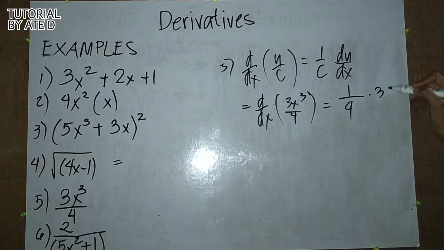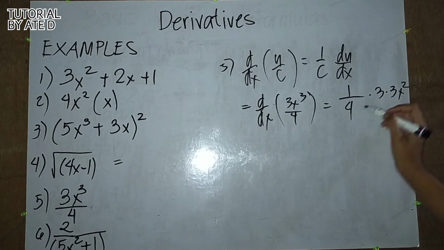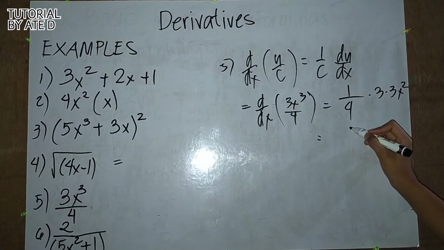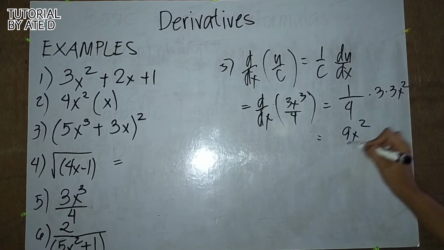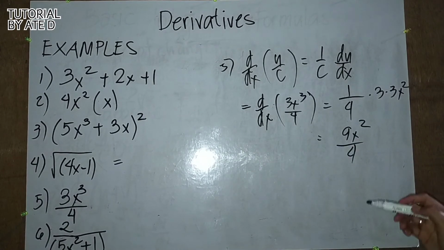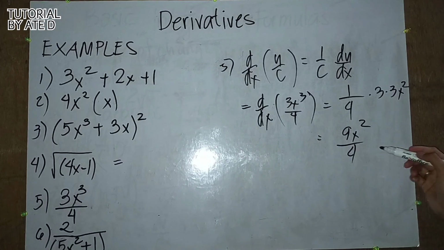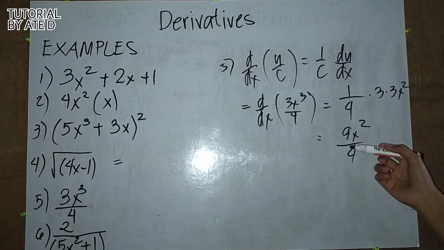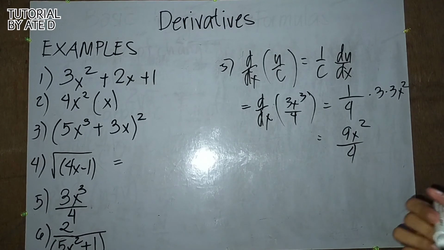So, 3 times 3x squared. Ayan. So, 3 times 3 is equal to 9. So, 9x squared over 4. So, ito na yung sagot. Parang ito yung shortcut para makuha yung derivative of quotient na involve ay isang function at constant.